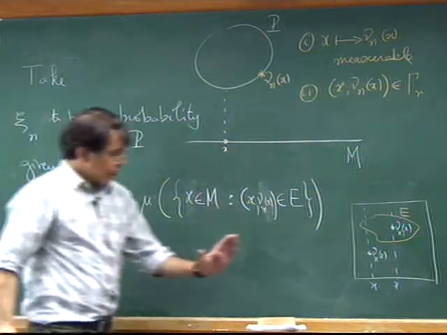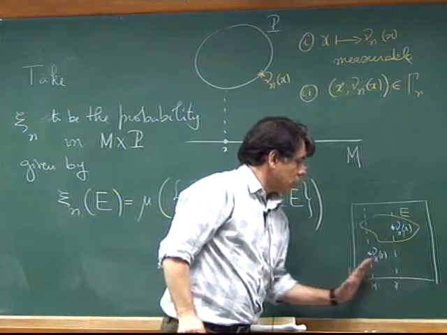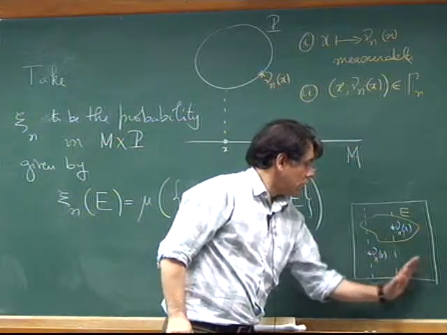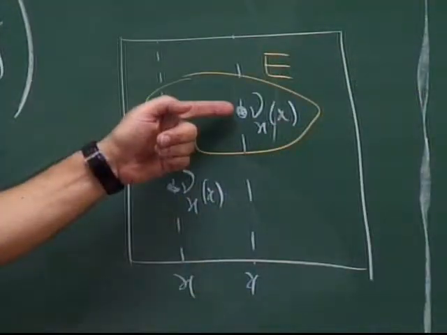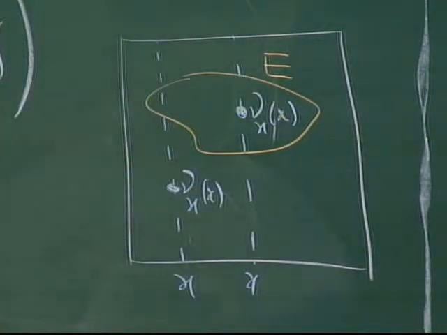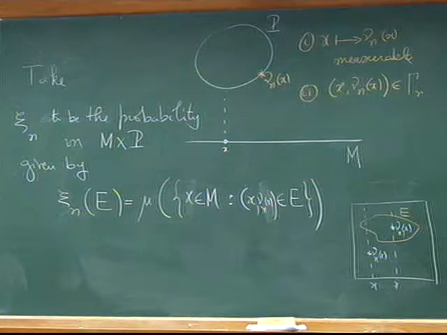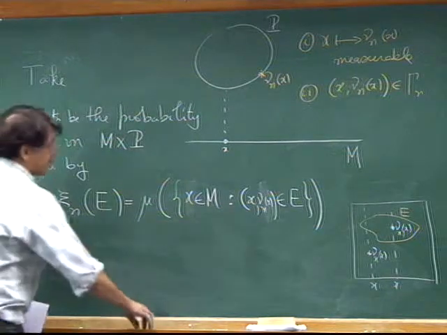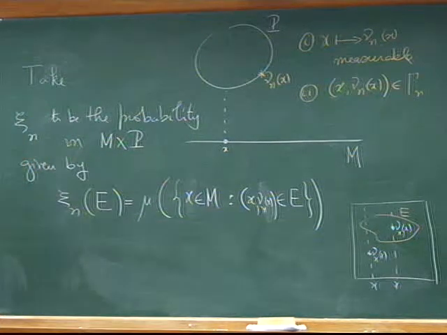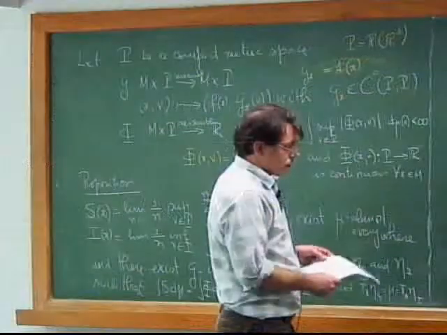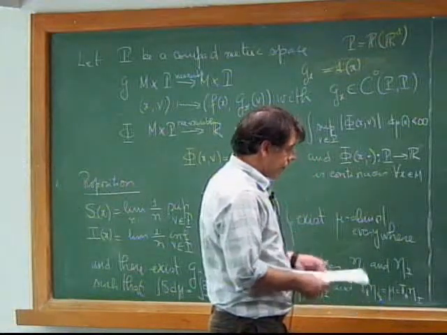You just take the measure of the set of points for which this is inside E. Now this measure is static. There's no invariance. There's no dynamical system.